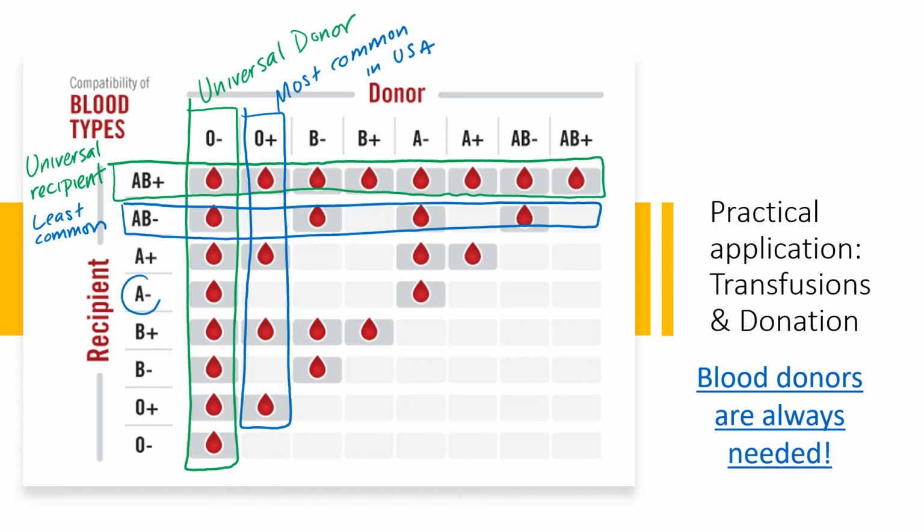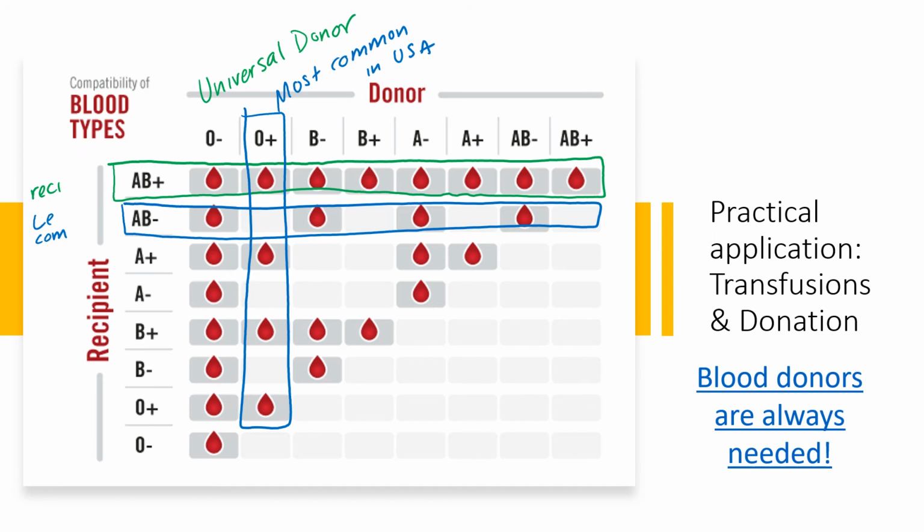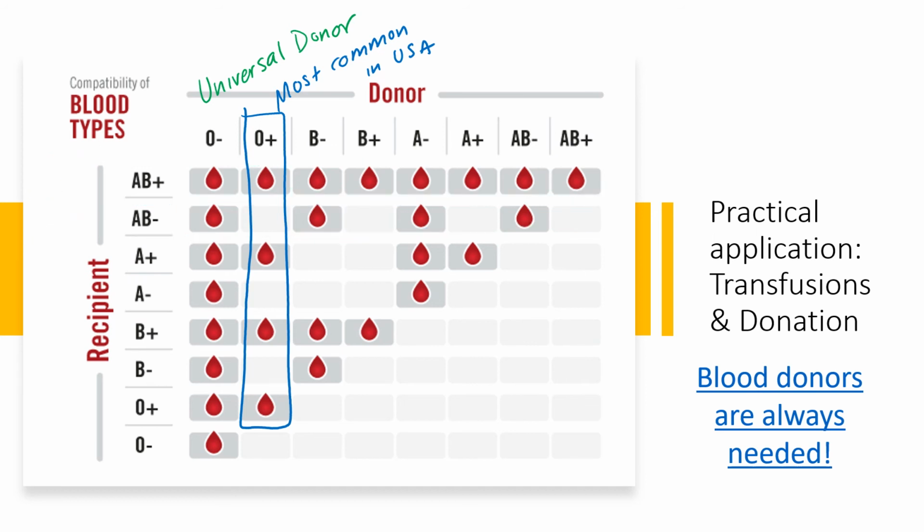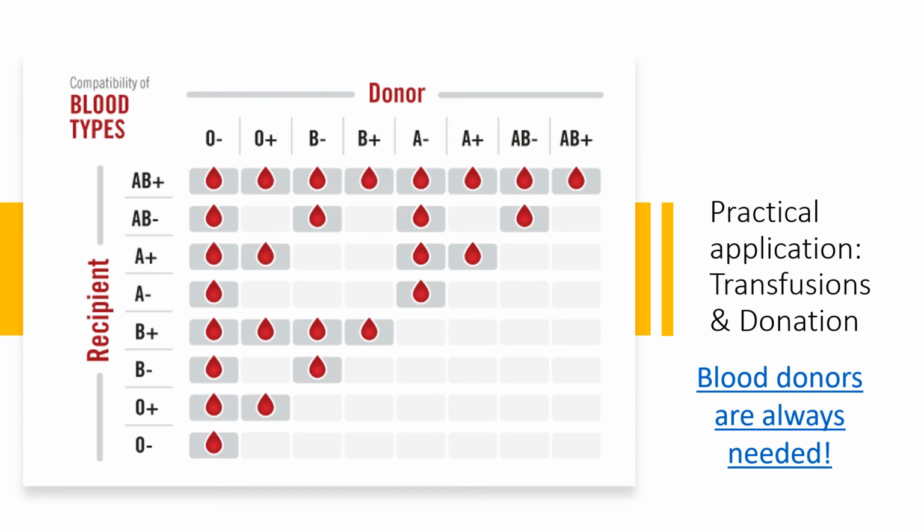In fact, all of the negatives across the board are less common than each of their positive counterparts. B positive is more common than B negative. O positive is more common than O negative. Same thing with the ABs as well. AB positive can receive blood from anybody. O negative can donate to anybody.